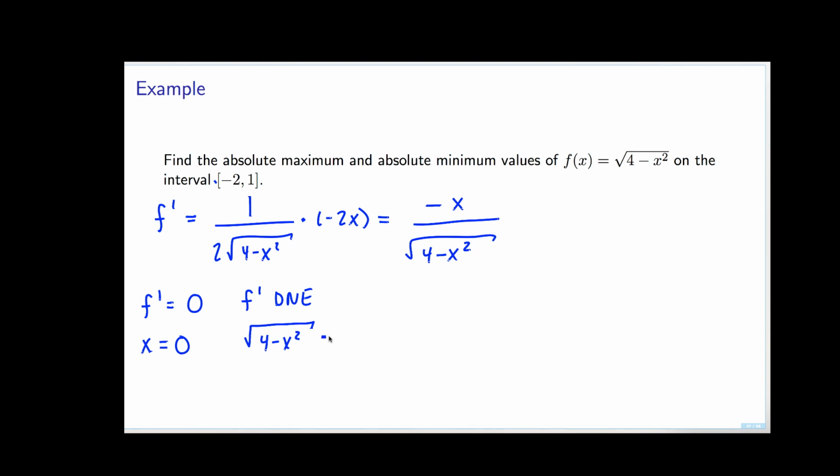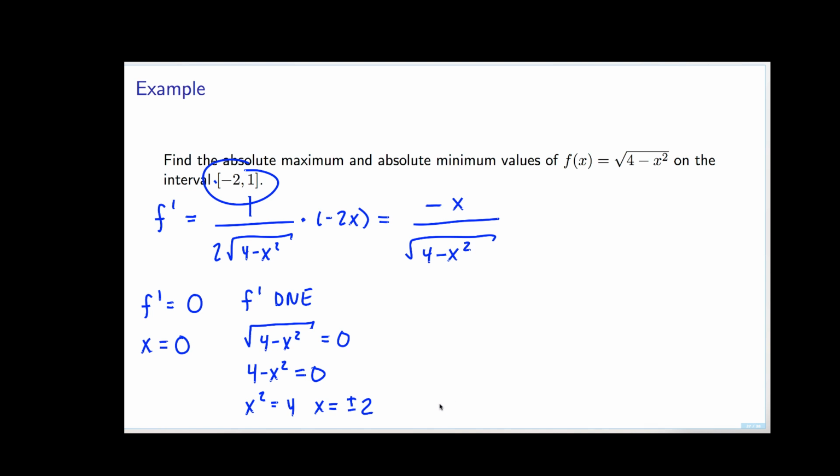So we get root 4 minus x squared is equal to 0. Squaring both sides gives us 4 minus x squared equals 0. That gives us x squared equals 4, which gives us x is plus or minus 2. Now our interval is minus 2 to 1, which means that the plus 2 we actually don't need to worry about because that is not in our interval.